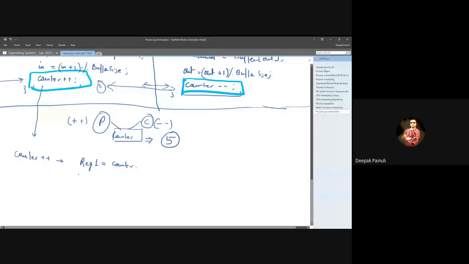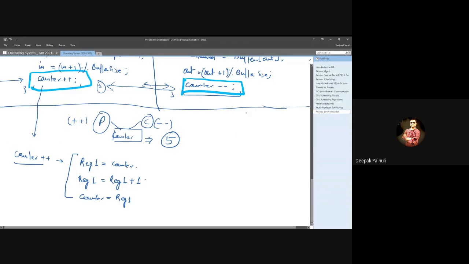After that you increment register 1 by 1, register 1 equals register 1 plus 1, and after the increment you simply update the value of counter with register 1.